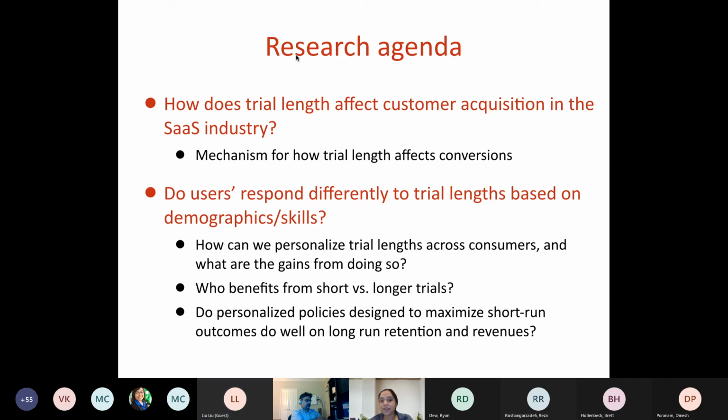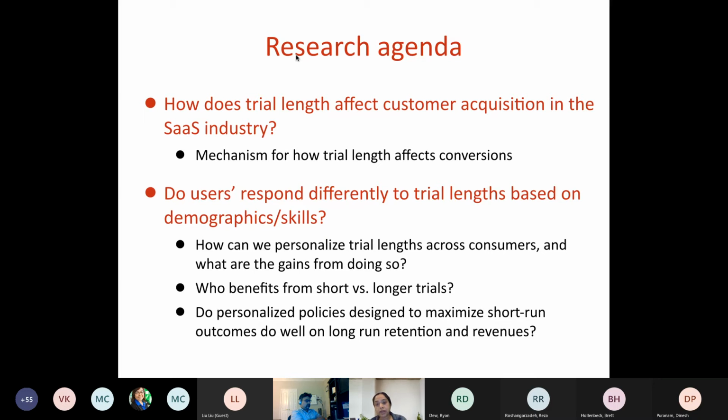Sorry. So who benefits from shorter versus longer trials? So we have this question of who would you want to give shorter trials to, and who would you want to give longer trials to? And then comes this question of, okay, let's say we can actually personalize these free trial assignment policies.